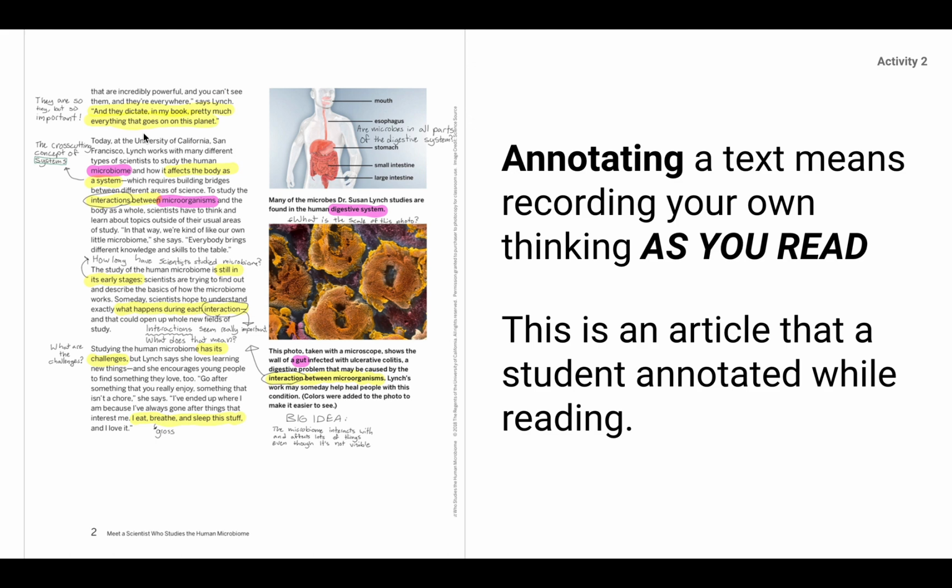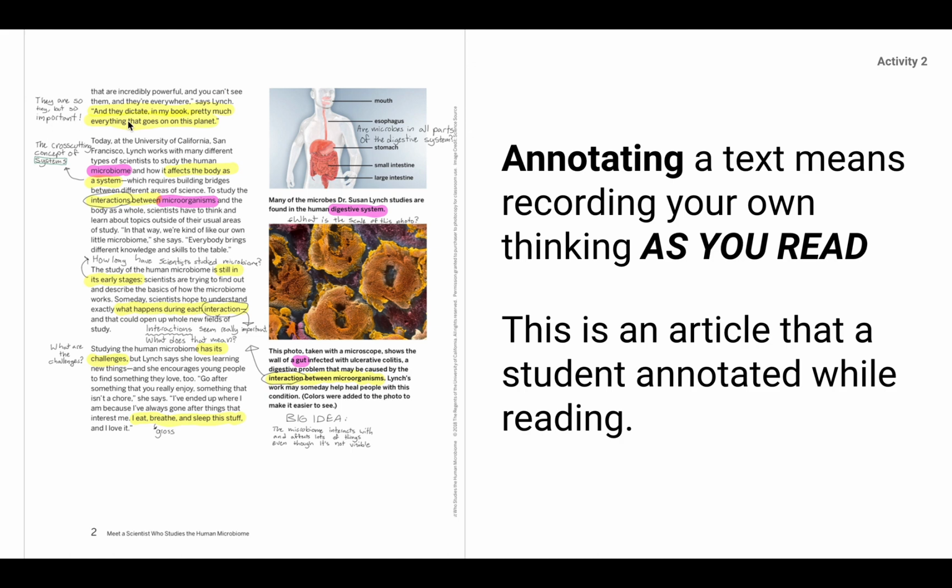And so tomorrow, when we go to talk about the article that you guys read, I'm going to ask you some questions, and you're going to end up having to kind of skim over the article all over again, because you won't have any clues that you wrote to yourself as to what you read and what you thought. So annotation is writing these little notes off to the side.